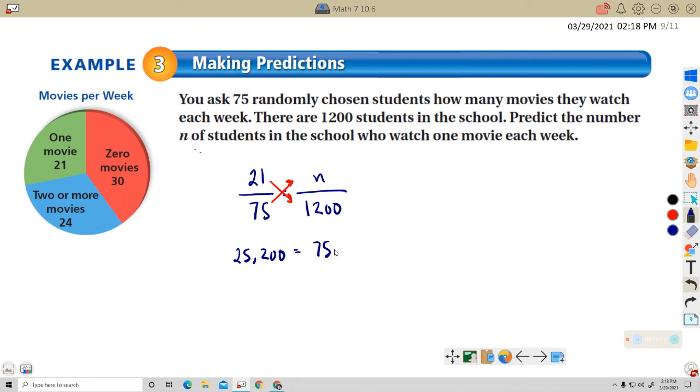That's going to be equal to 75 times N. So dividing both sides by 75, 336 equals N. So our prediction is 336 students out of the 1,200 at the school watch one movie each week.